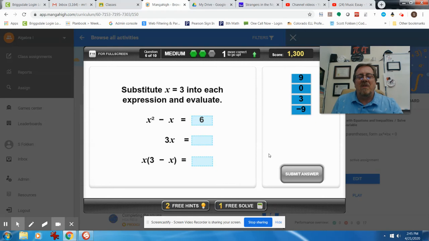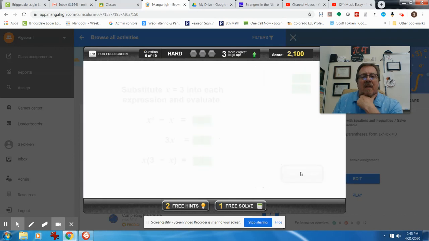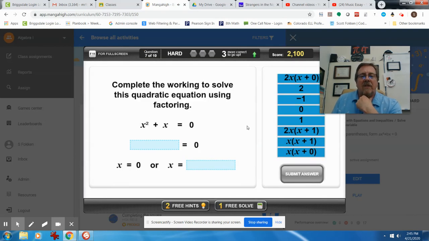I don't know why it's doing that, but 3 squared is 9 minus 3 gives us 6. 3 times 3 is 9. So, and if I took 3 minus 3, I'd get 0. So on the bottom, we got the 0. Not quite sure what that was all about, but hey, we'll move on.